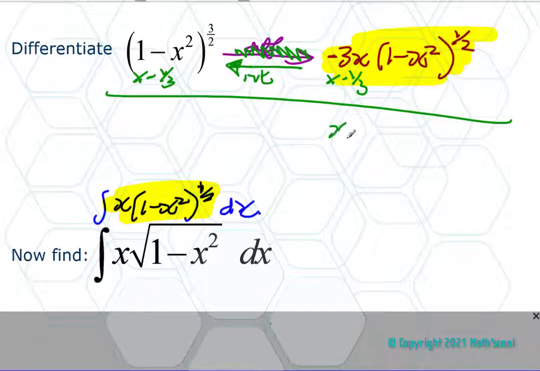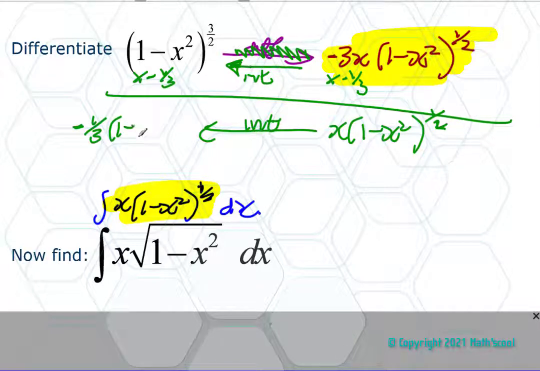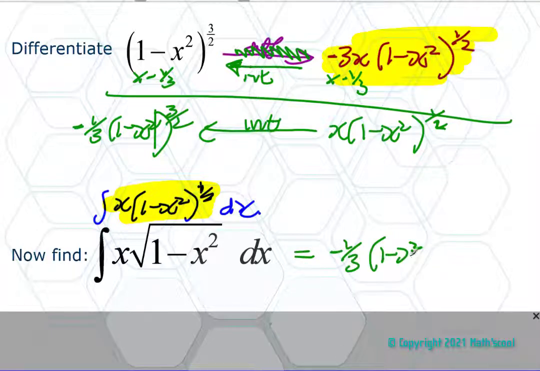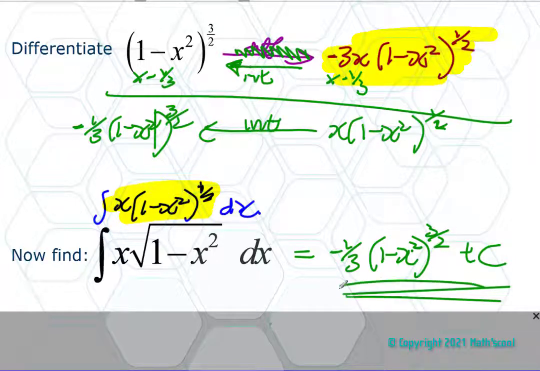So that gives me x (1 minus x squared) to the power of half integrates to give me minus a third (1 minus x squared) to the power 3 over 2. So the answer is minus a third (1 minus x squared) to the power 3 over 2 plus c. Okay, and I'm going to show these 3 lines of working when I do these.